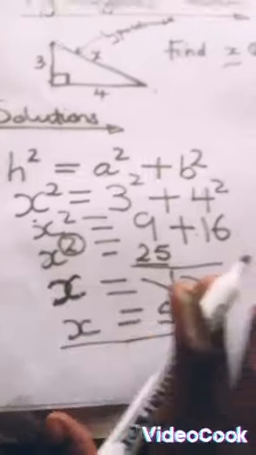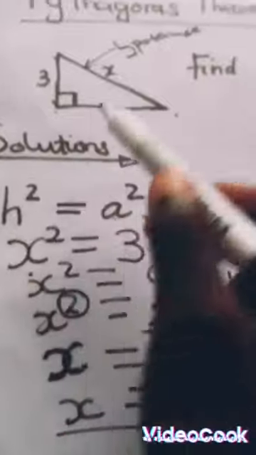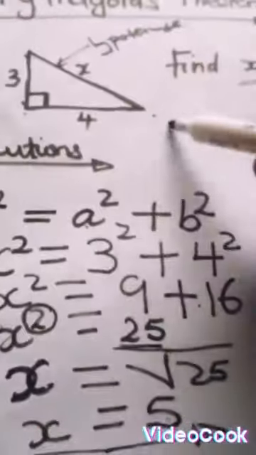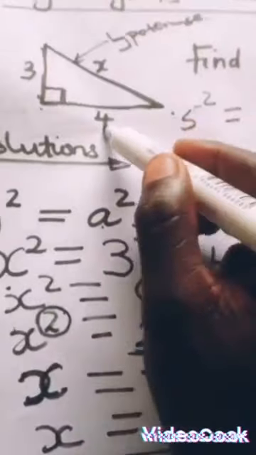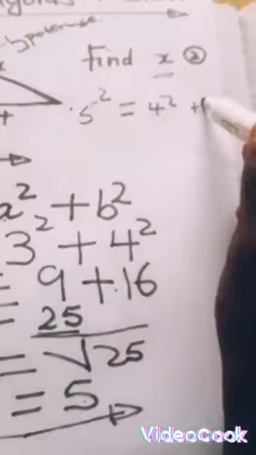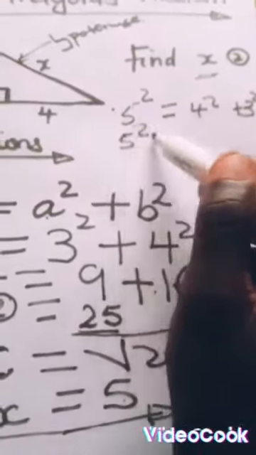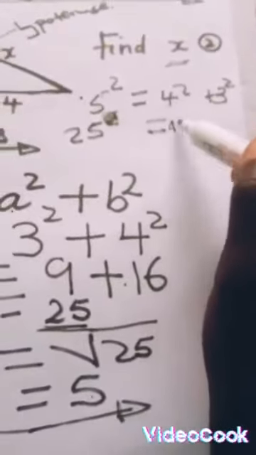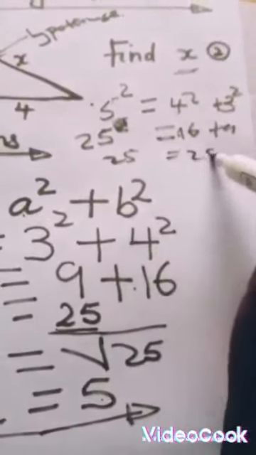So suppose you want to prove that the square of the hypotenuse is equivalent to this side squared plus this side squared. We have found the hypotenuse x to be 5, so we say 5 squared is equal to 4 squared plus 3 squared. 5 squared, which is 25, is equal to 16, 4 squared, plus 9, then 25 is equal to 25.